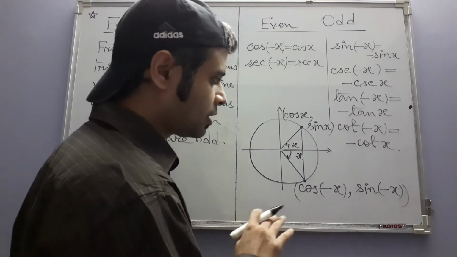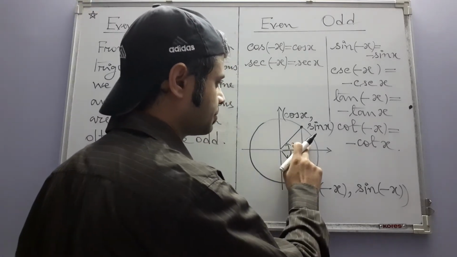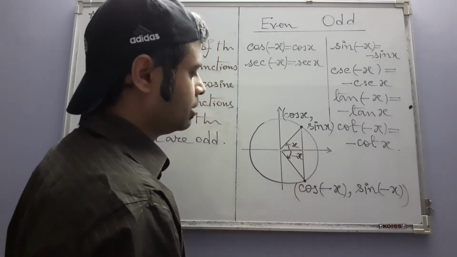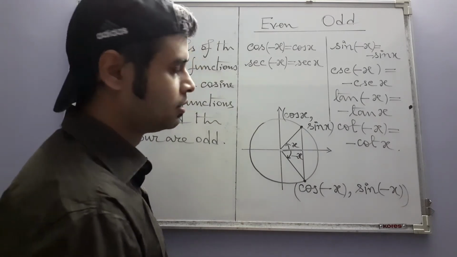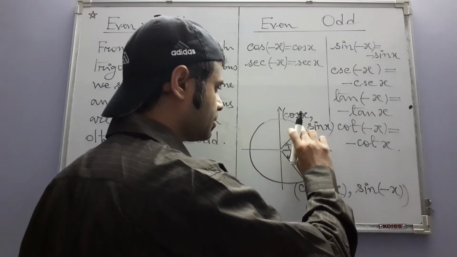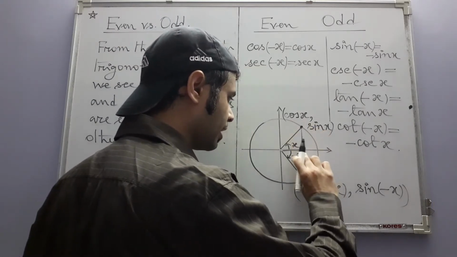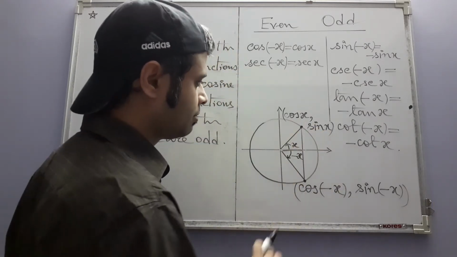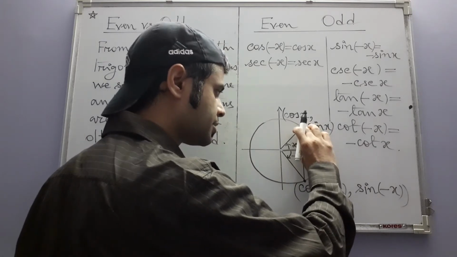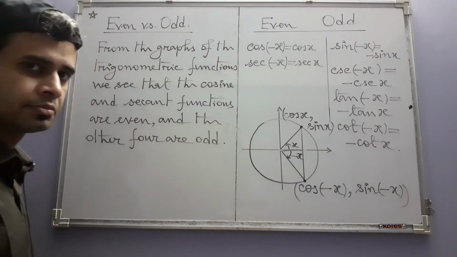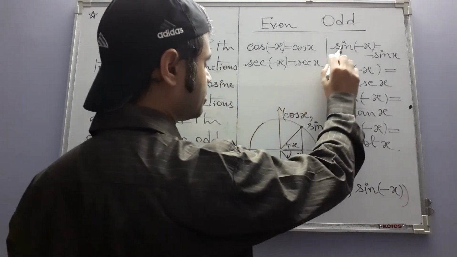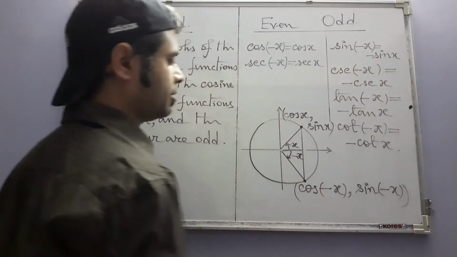Sin x and sin minus x, on the other hand, are not equal, but they are the negatives of each other. Why? That is because these two lengths are actually equal. However, this one is positive in value and this one is its negative. So that's how you get sin minus x equal to minus sin x.